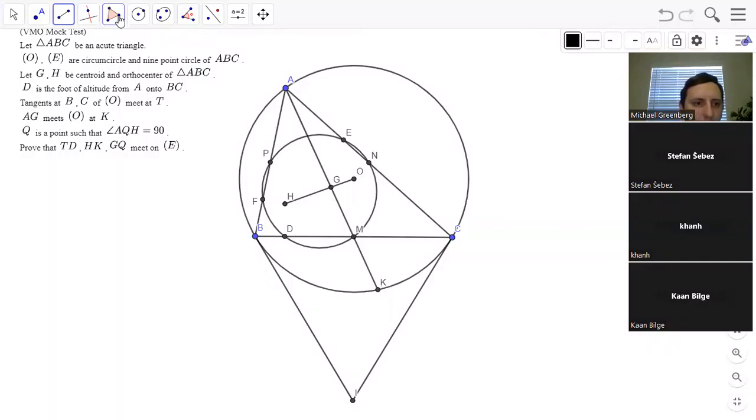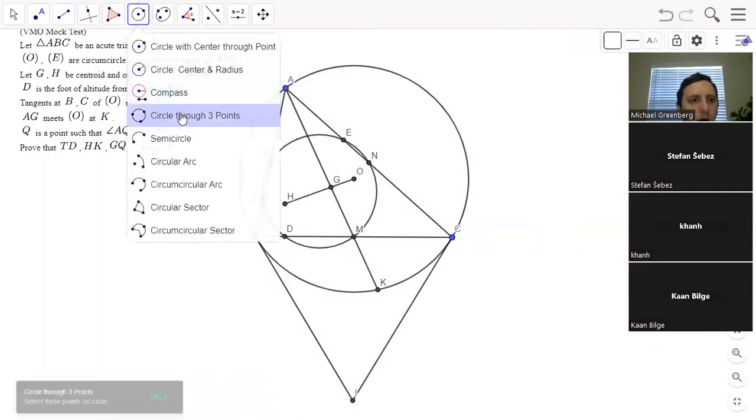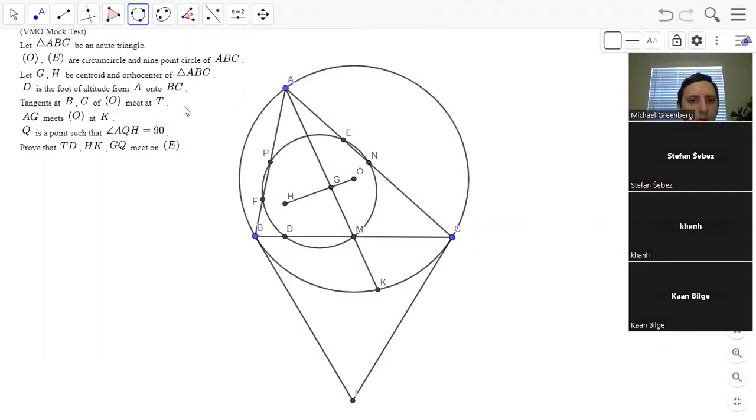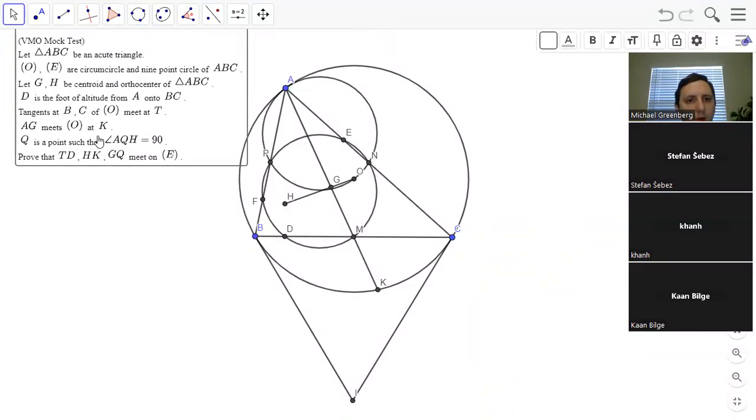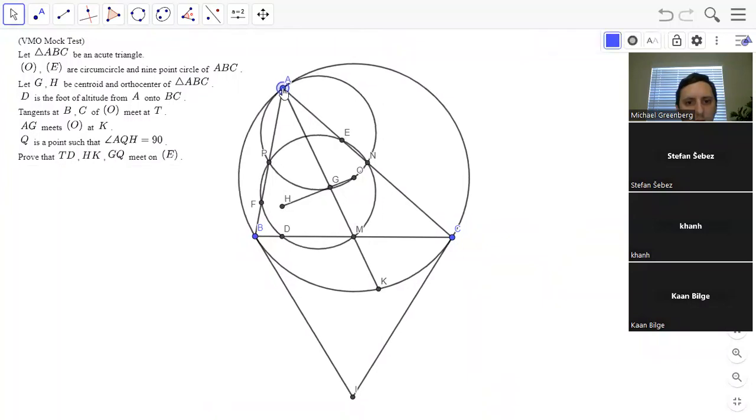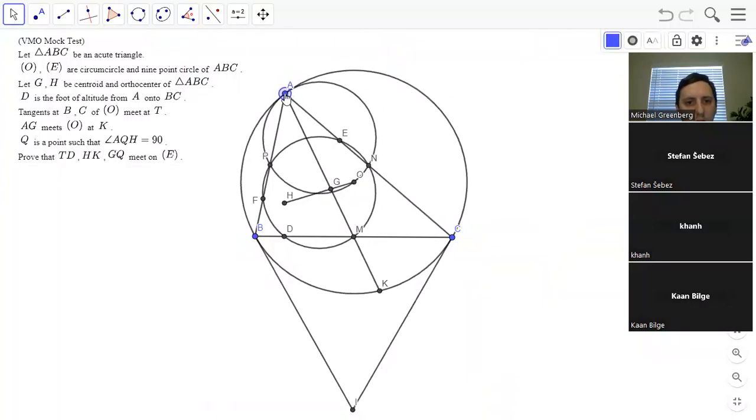Q is such that AQH is 90. I think we need to know a little more about Q, right? Is there anything else? Wait, I'm reading the problem again. Okay, it seems like the proposer, I think I translated it right, but wait, let me think about it.